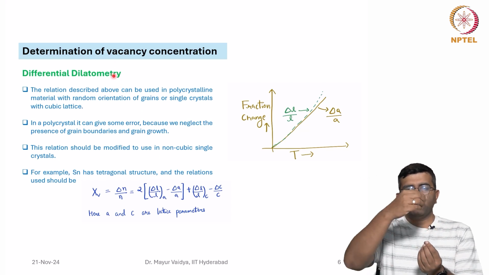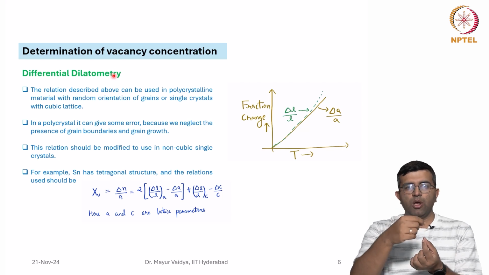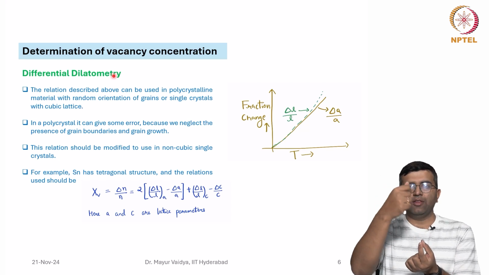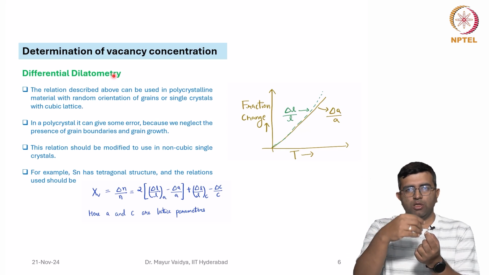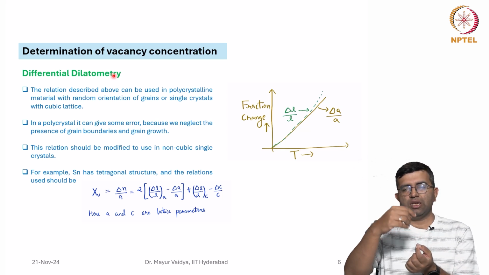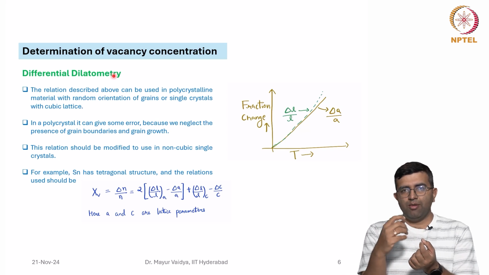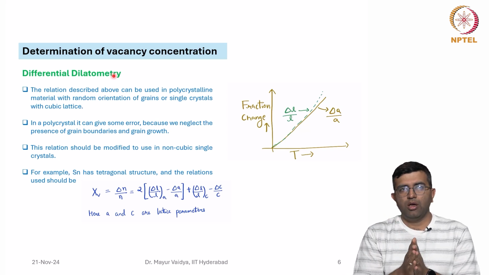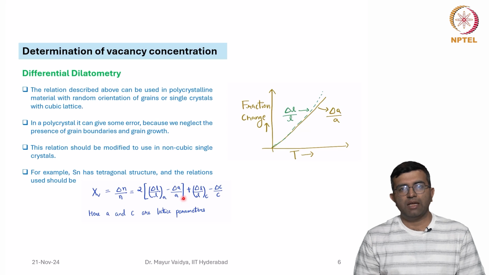You heat the sample and there is an extensometer attached in the dilatometer which can measure the change in length, and simultaneously, because you are heating, what you get is the change in length over length as a function of temperature. So this delta L by L is measured using the dilatometry setup, whereas the delta A by A is measured by the help of X-ray diffraction.